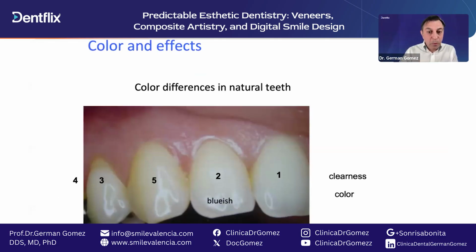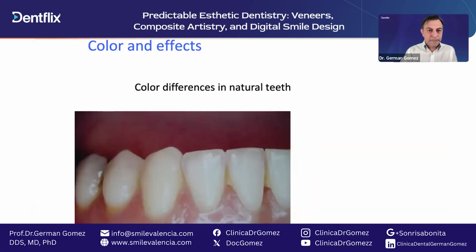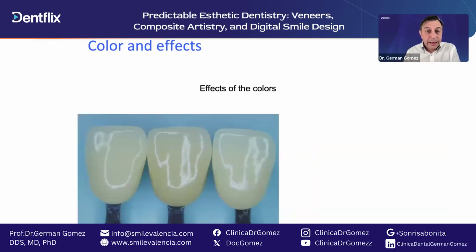And the color is more bluish in the front and more yellowish in the canine. In the lower jaw, it's different. There we really have clearest, second clearest, third clearest, fourth clearest, and fifth clearest. It's not like in the upper jaw, okay?